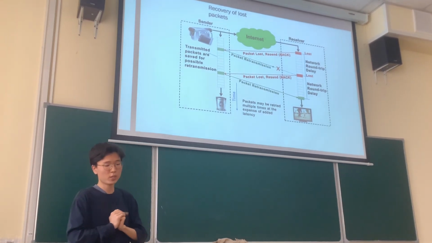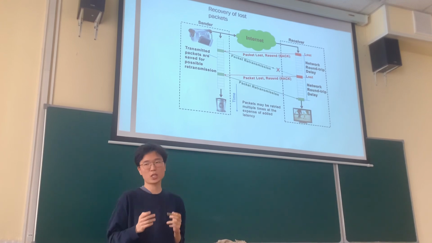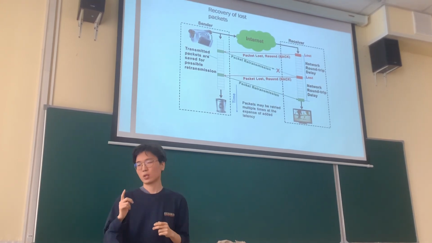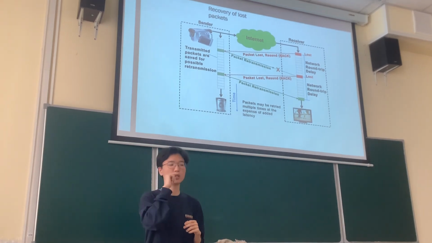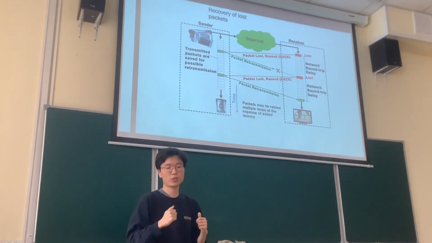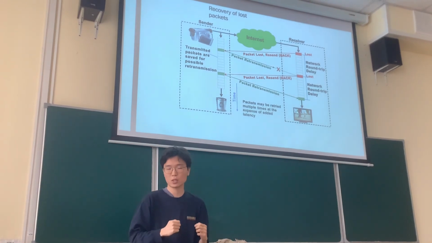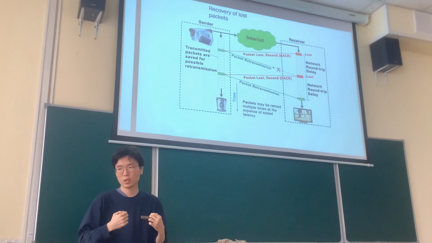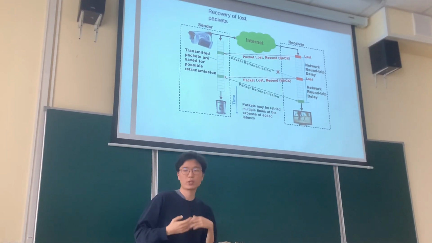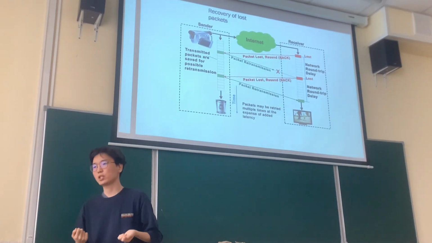In TCP, for example, for each packet the receiver sends an acknowledgement number to the sender. Like, I have received the packet, I have received the packet. And if it lost a packet, it sends that it has lost the packet. And it's very slow when we use TCP.